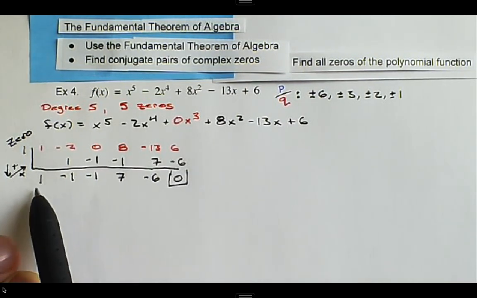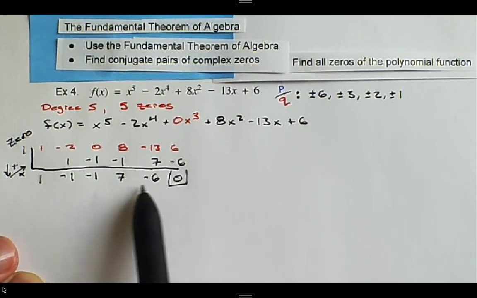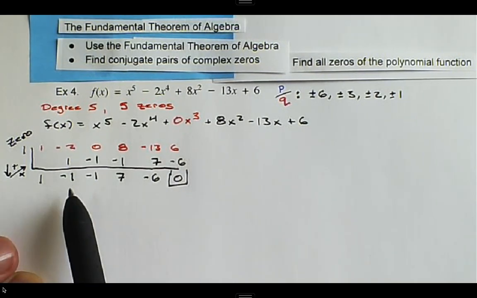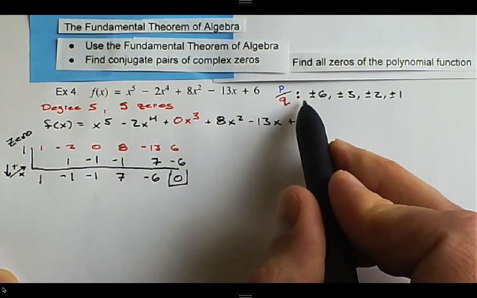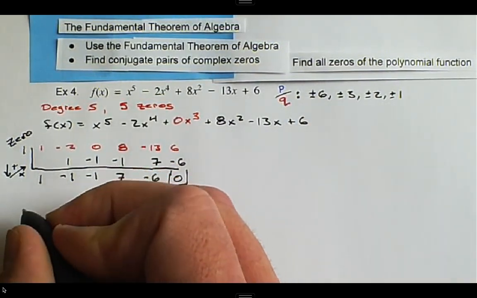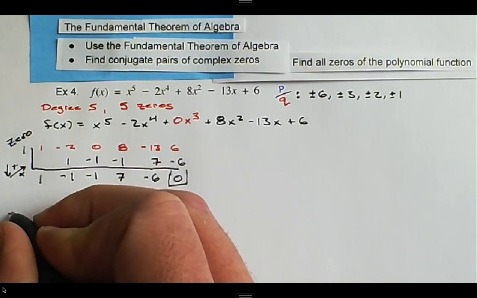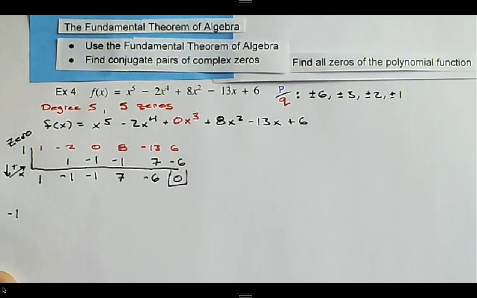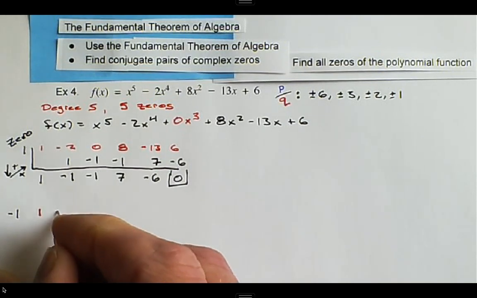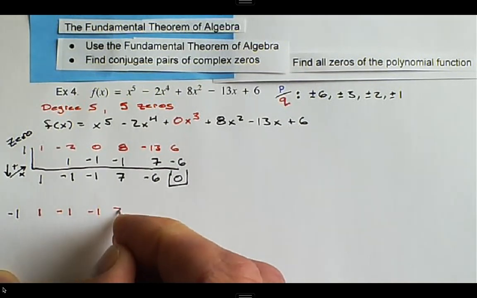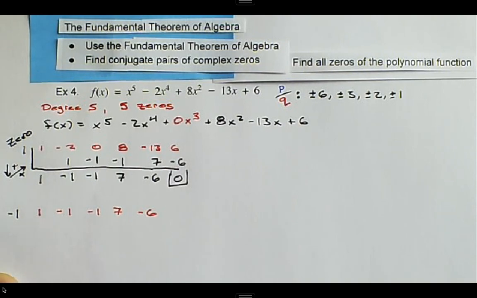Now we're going to check, this is the remaining polynomial. This is the coefficients on the remaining polynomial. So this is the one that we're going to check next. And from my list, I'm going to check negative 1. And we're going to use what we had before. So we're going to use 1, negative 1, negative 1, 7, and negative 6.